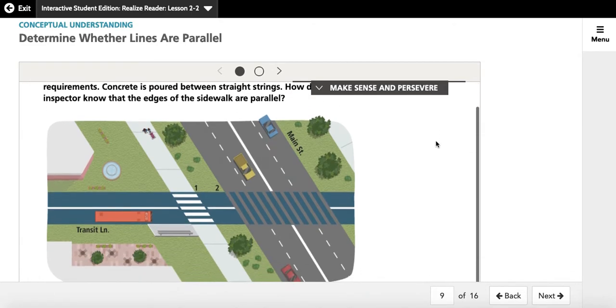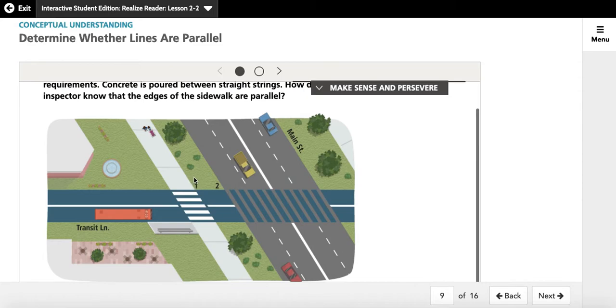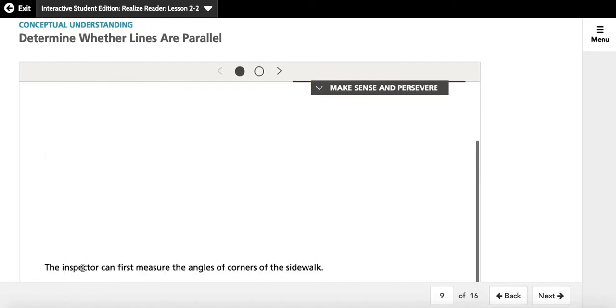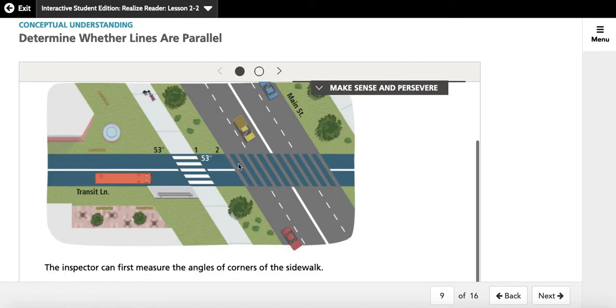Well, he's going to come right in here. Let me click solution so they can explain it. He first measures the angles of the corners of the sidewalk. So forget that I had angle 1 there. He measures that from the grass to the road is 53, and from the road here is 53.